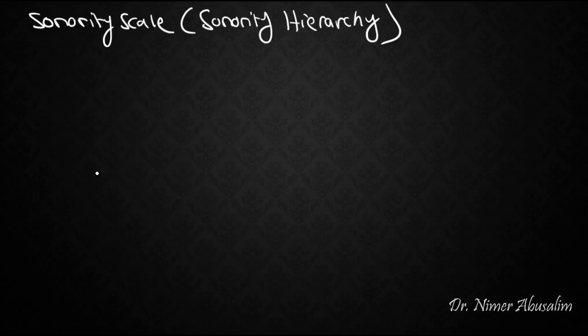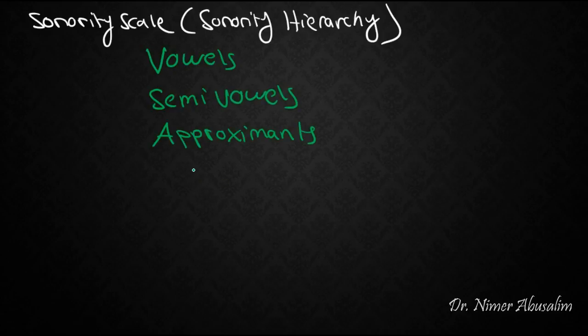So the Sonority Scale shows us which sounds have the most sonority, which sounds are more sonorous, meaning which sounds are louder, are more easily audible, and which sounds are less. The way this is broken down is as follows: vowels, semivowels, approximants, nasals, and then obstruents.